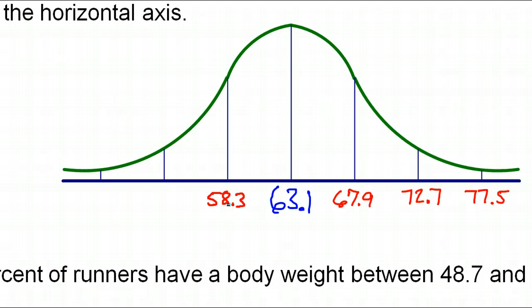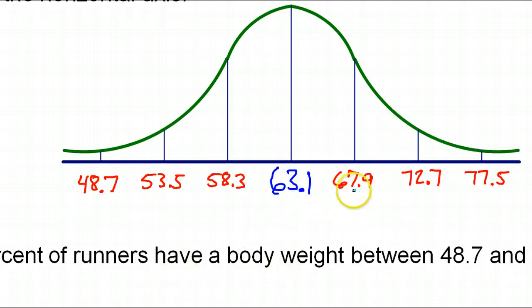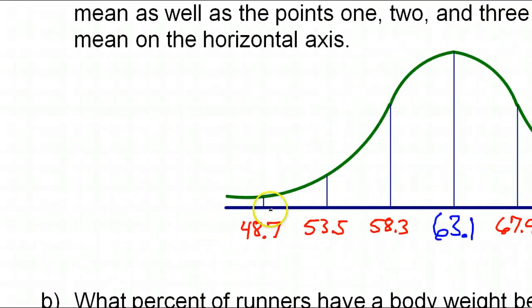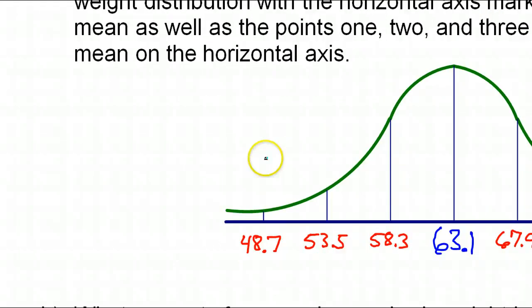Minus 4.8 gives me 53.5. And minus 4.8 one more time gives me 48.7. This is what they mean by showing the values 1, 2, and 3 standard deviations away from the mean. Okay, so I think we've done part A.